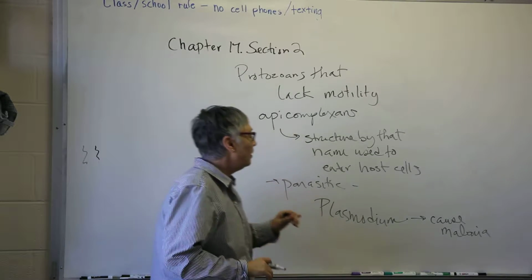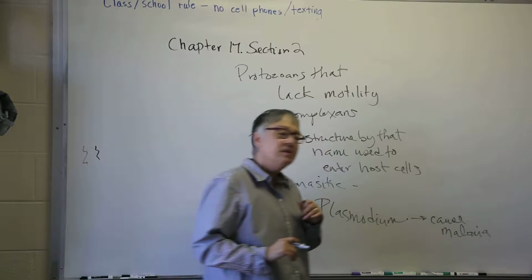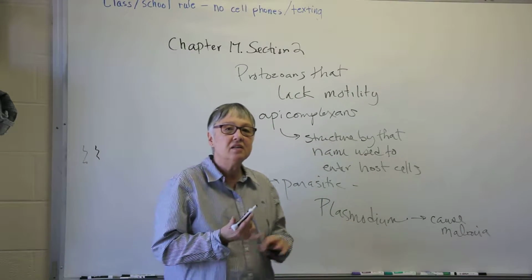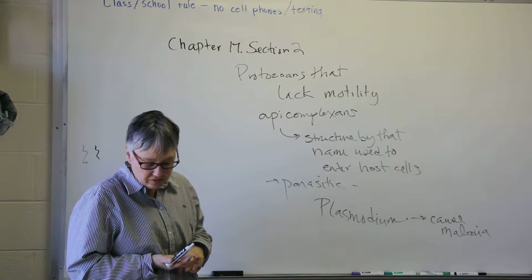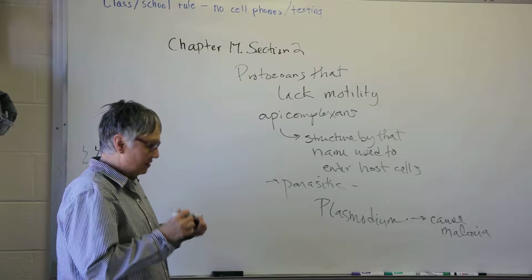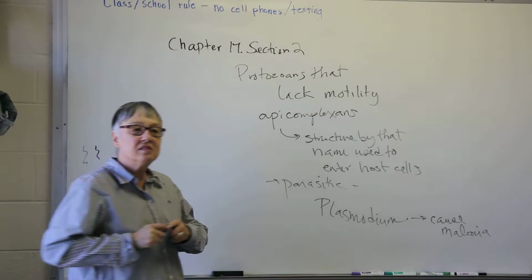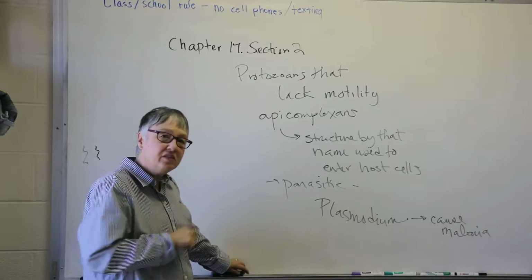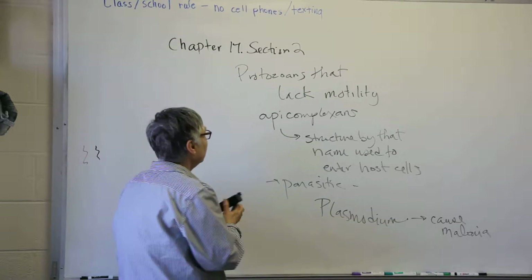Malaria is prevalent in different parts of the world, and it can be fatal, especially to young and to elderly individuals. The life cycle of Plasmodium is somewhat complex. It's a little bit different than the free-living creatures that we've been talking about.